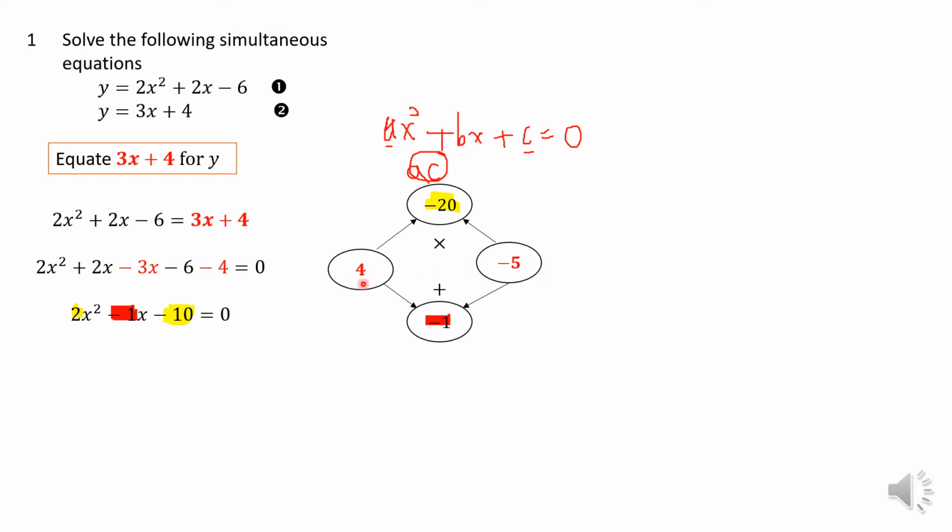So when you say 4 times negative 5, you get negative 20, and 4 plus negative 5 gives you negative 1. So the two numbers I'm looking for is 4 and negative 5, which will split up that term in the middle. Now, what I did there is I have indicated in red those two values there.